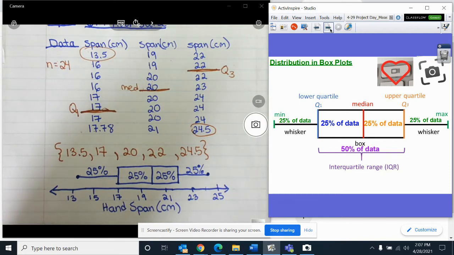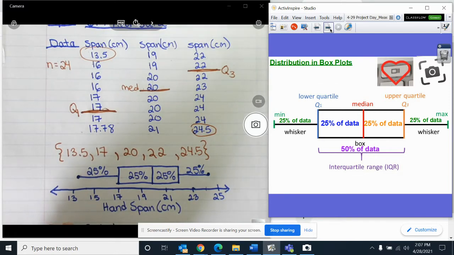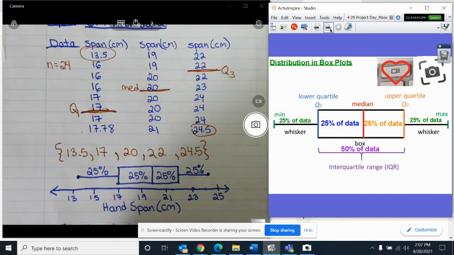So we could say 50% of students are below 20 centimeters or equal.